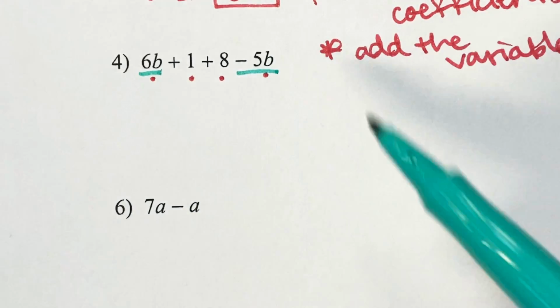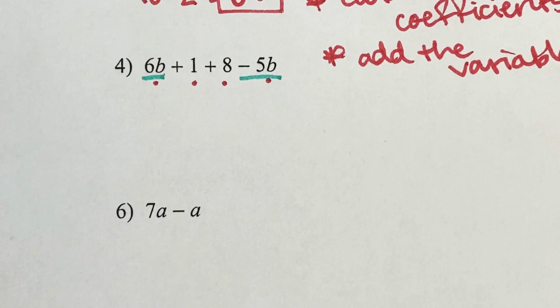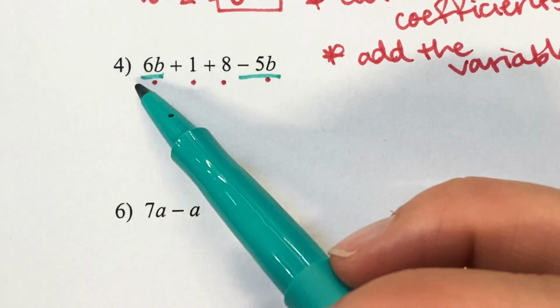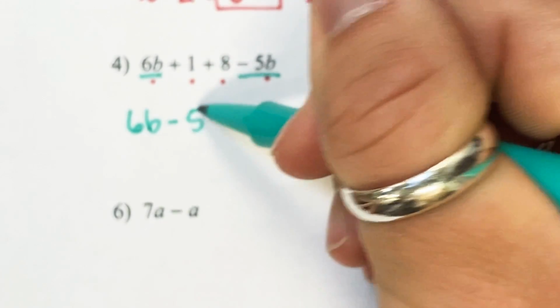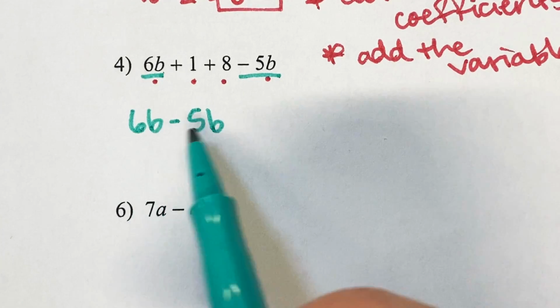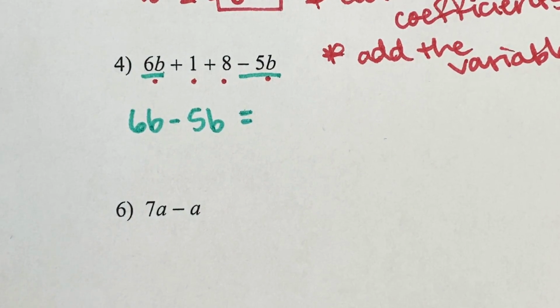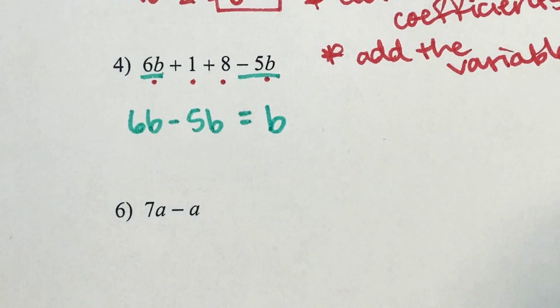Same variable, both to the power of 1. So we can combine those. Now look at the signs in front. We can even rewrite it, 6b minus 5b, so they are nice and together. How many b's do I have? I just have 1b, and we don't have to put that 1.